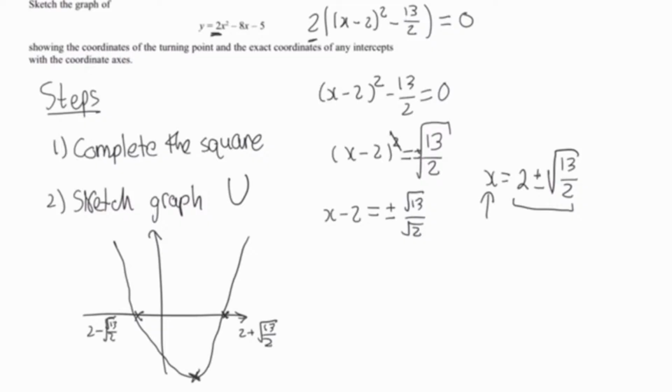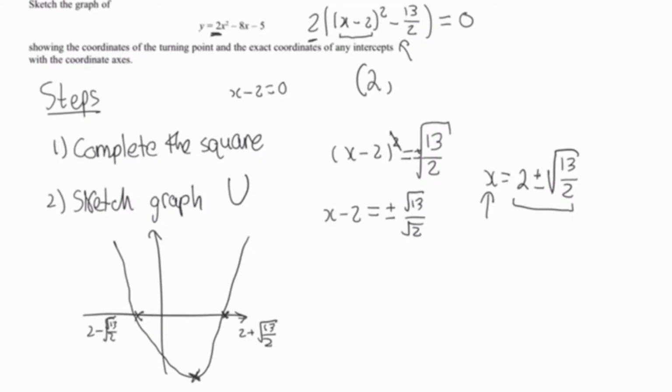And the way we do that is we look at our completed square form. To find the x coordinate, all we need to do is set this thing here equal to 0. So that will be x minus 2 equals 0, so x equals 2.